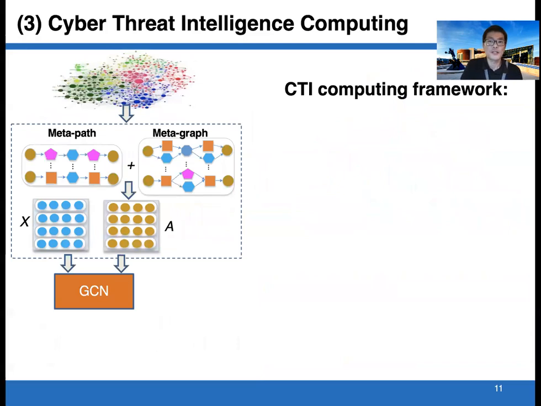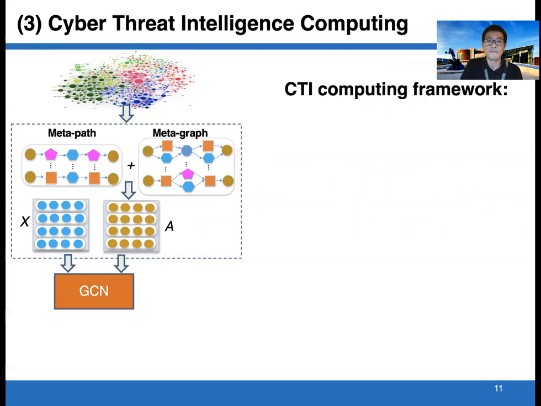Now we introduce the concept of threat intelligence computing and provide a general threat intelligence computing framework. The threat intelligence computing aims to model the semantic relationships between IOCs and measure their similarity based on metapaths. Here we show the workflow of threat intelligence computing, which mainly includes 3 modules.